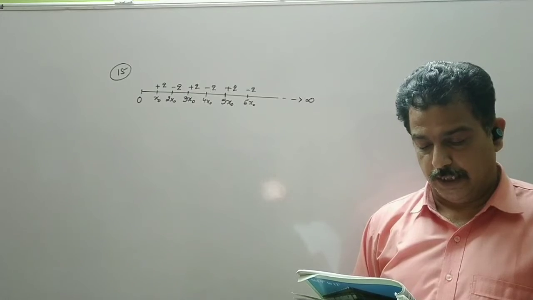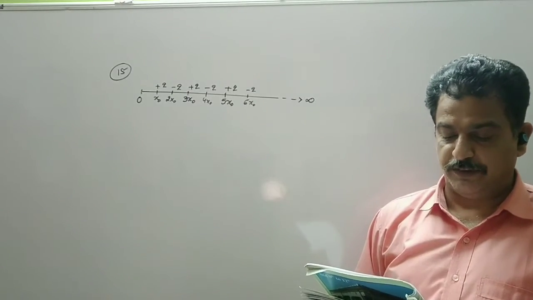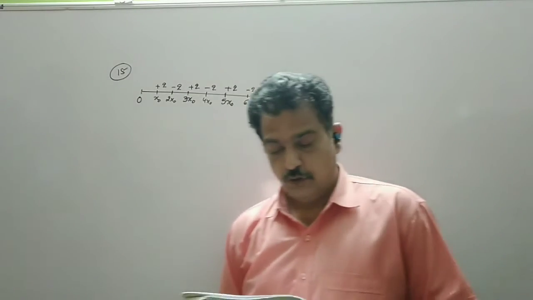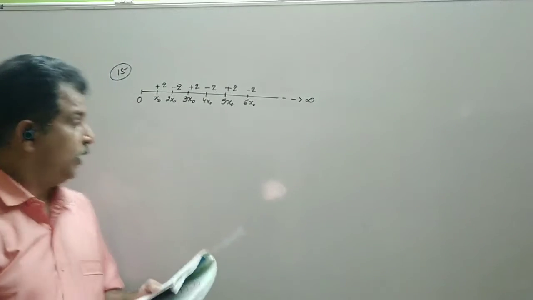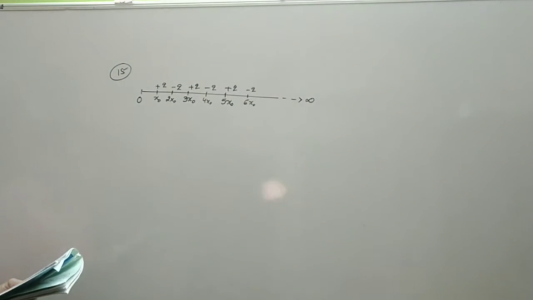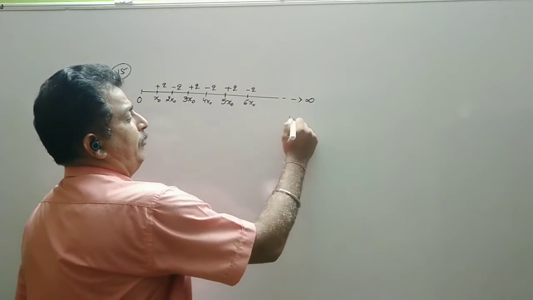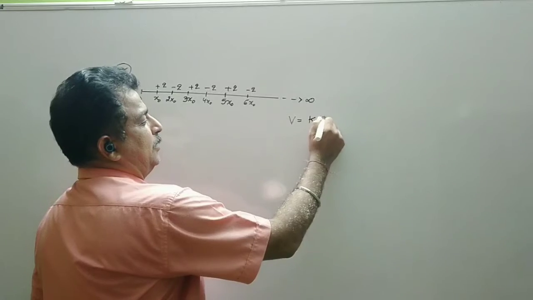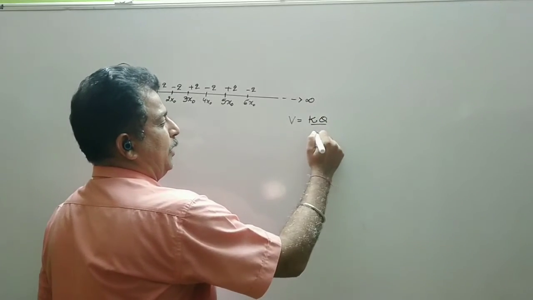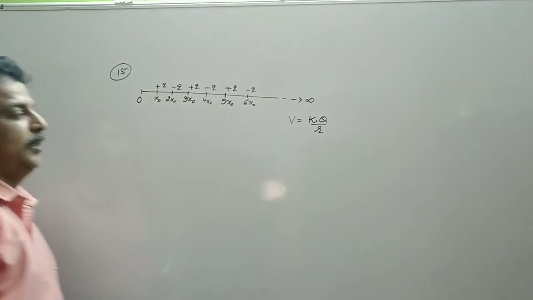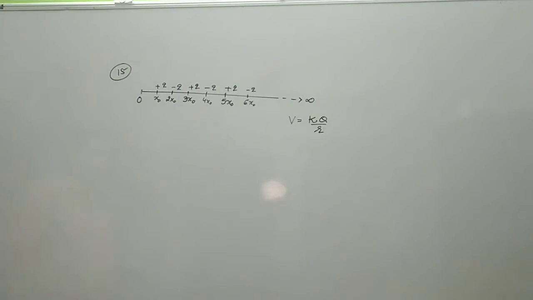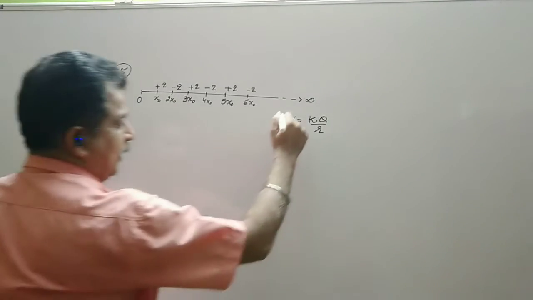Then the potential at the origin due to the above system of charges will be, so we have to find out the potential at the origin due to the above system of charges, and the general formula given is that for a distance r, the potential is kq upon r. So we have to take the help of this formula that we already know.